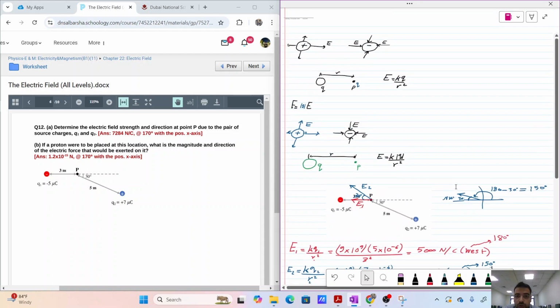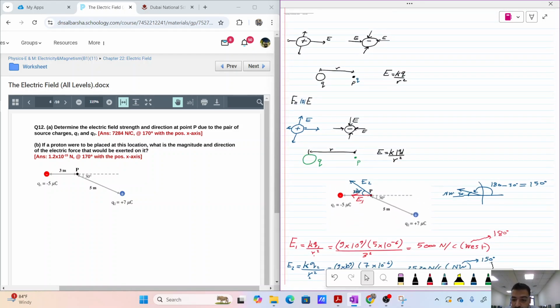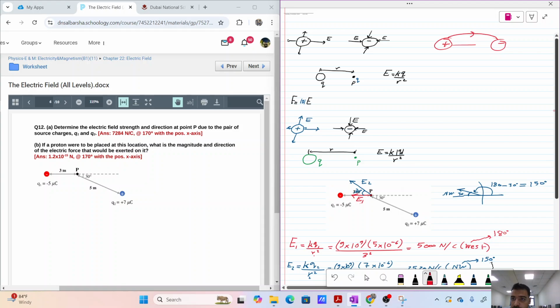If we go back to this original figure, you'll see that if I put a positive and a negative charge, we know that they attract each other. You can memorize it like this. Field lines exit from positive. Let's say this is a positive charge and this is a negative charge. Field lines exit from positive and enter negative. Let's say we have the same magnitudes, so we draw equal lines.